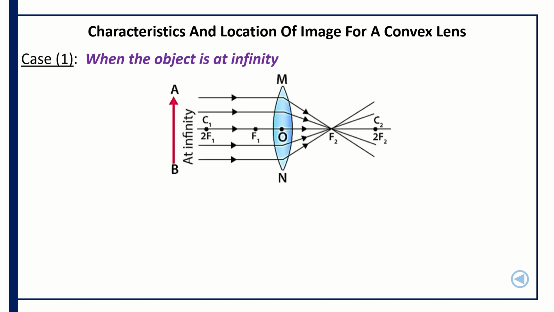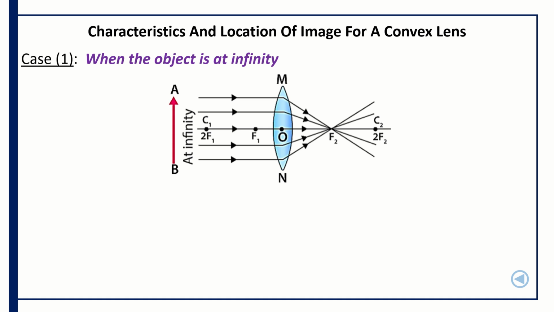If we keep the object at infinity, the object will send parallel rays of light. So the light rays coming from infinity will be parallel to the principal axis of the convex lens. When a parallel ray of light falls on a convex lens, it will pass through the principal focus F2 of the convex lens.